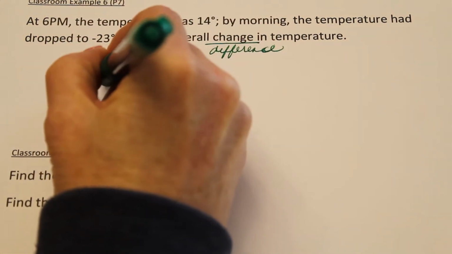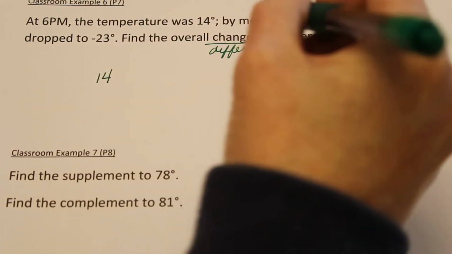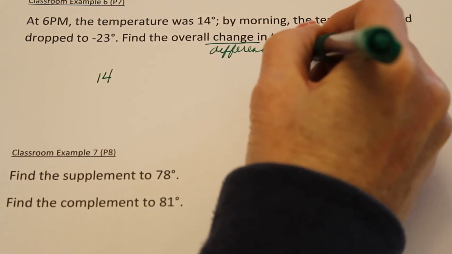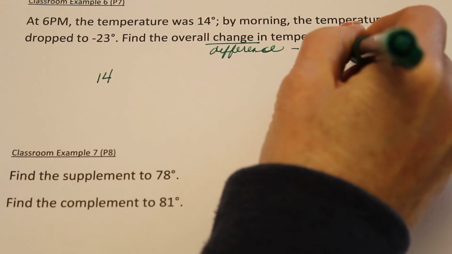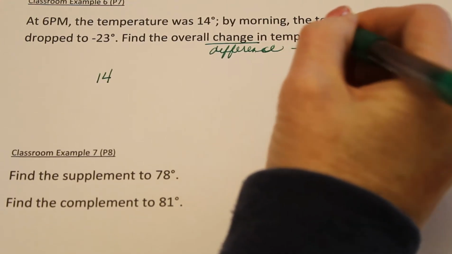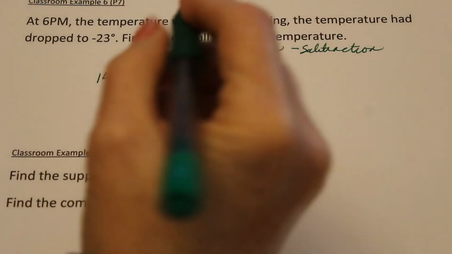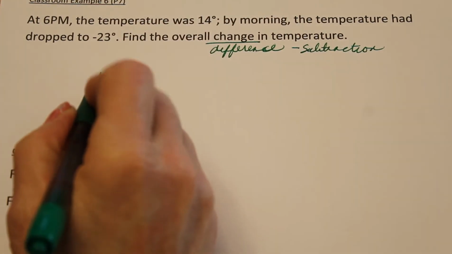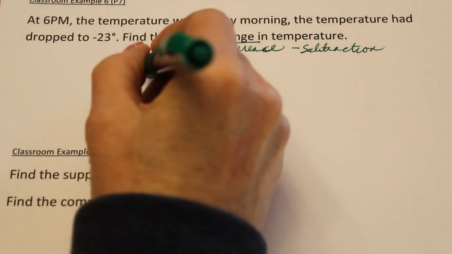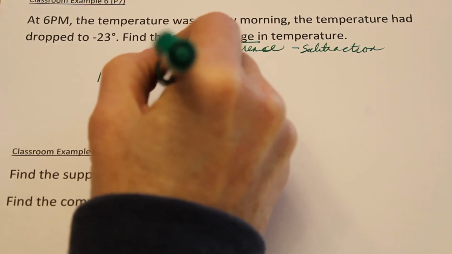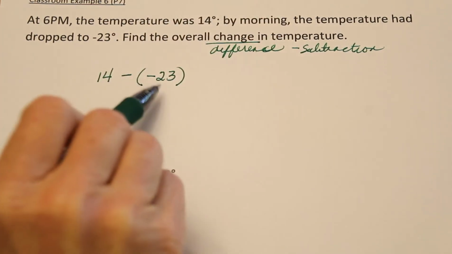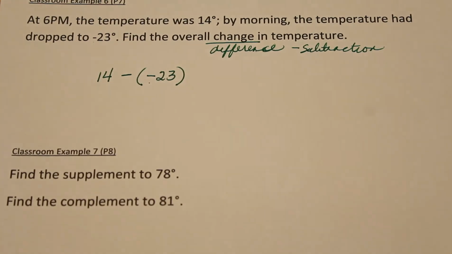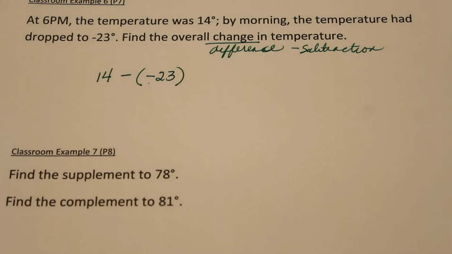We started at 14. Difference means subtraction. Find the change, find the difference. That means subtraction. 14 minus, it went from 14 to -23. That negative is 23 degrees below 0.